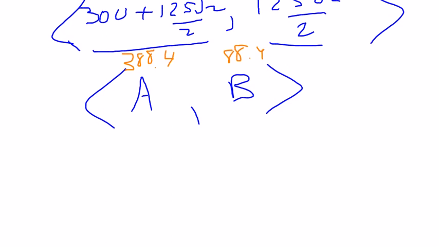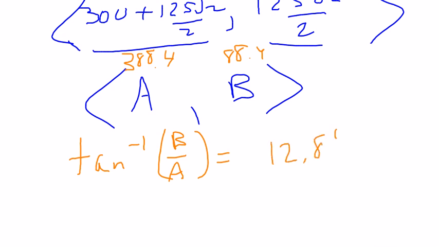Okay, so now that I have a vector A and B, how do I turn it into its direction? Well, to turn to a direction, inverse tangent, y over x. So I can put into my calculator alpha b divided by alpha a, and I get 12.8 degrees, which is the book answer. How do I find the magnitude?